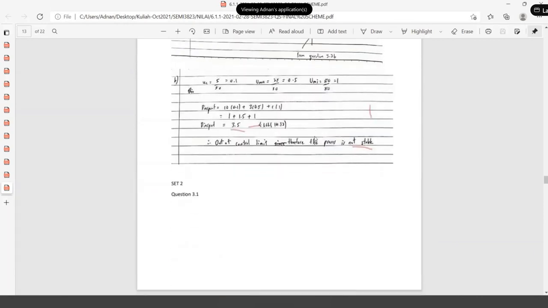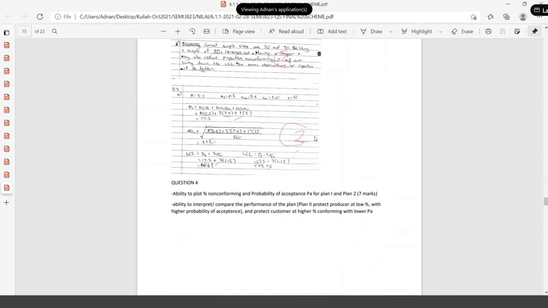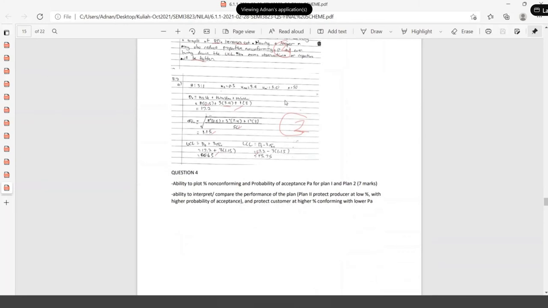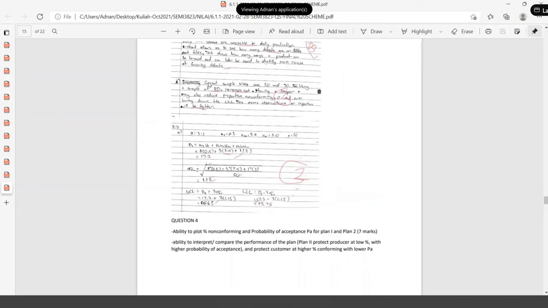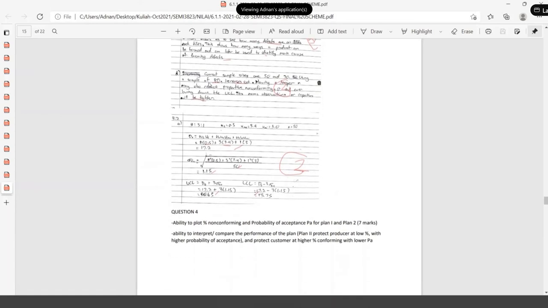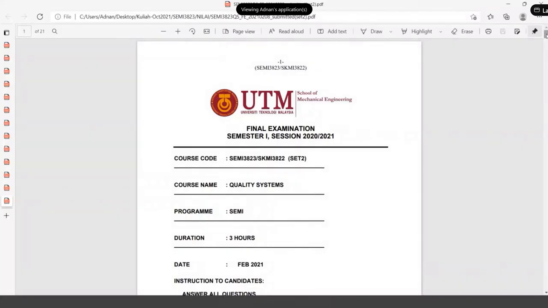Soalan berapa tadi? Chart. Ni, this is the one. I think this is the set B kot, sebab ada dua set, jadi dia dah keliru sekarang ni. You kena tengoklah set 1 atau set B. But anyway, the solution for 3.2 ada kat sini. This is I think set B lah, soalan set B. Let me check the set B, set 2, sorry, set 2.